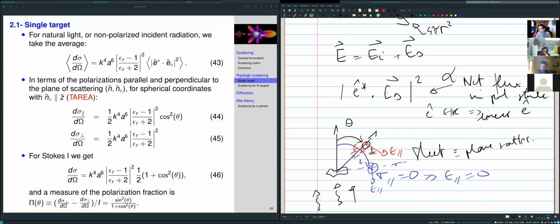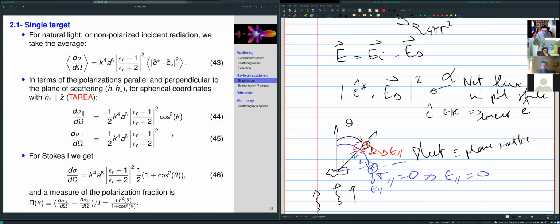So this is really important to understand. We have the scattering cross-section for Rayleigh scattering decomposed into two outcome polarizations, the parallel polarization and the perpendicular polarization. So this would be the flux emitted in the perpendicular polarization state, and the flux scattered into the parallel polarization state, which corresponds to this one.